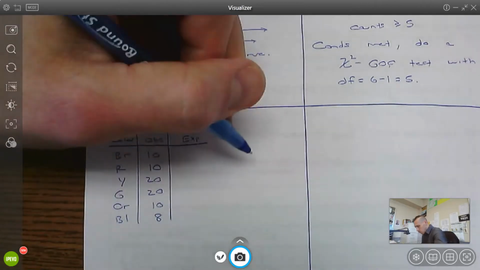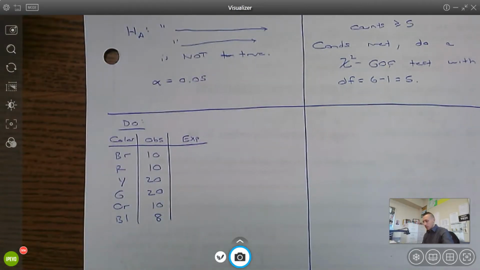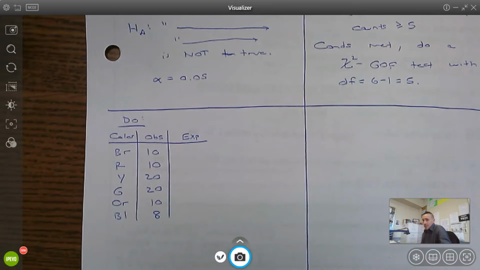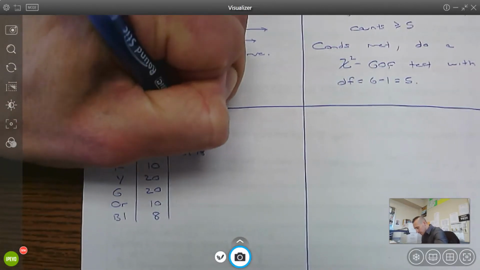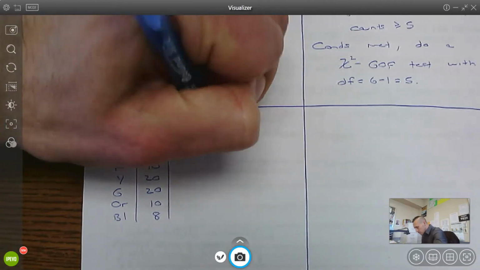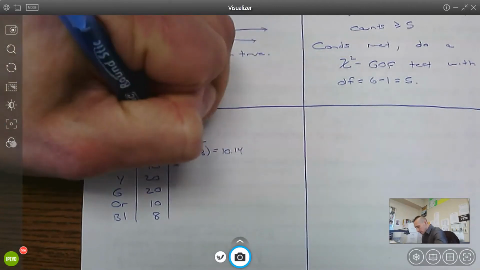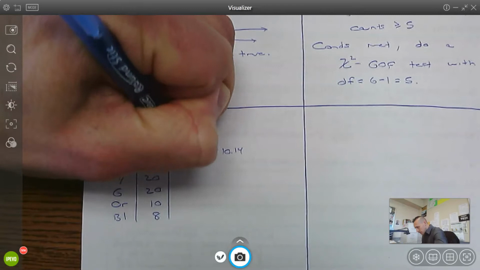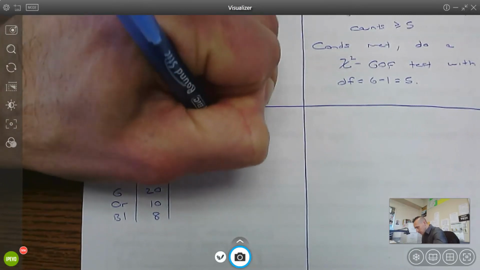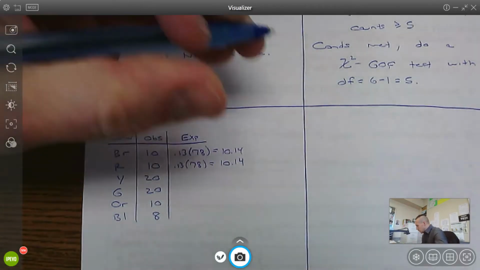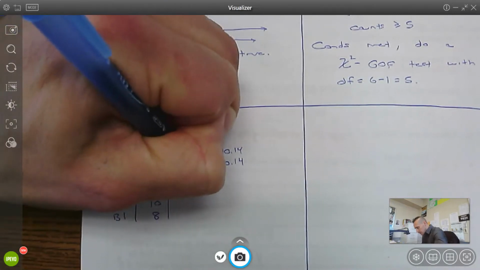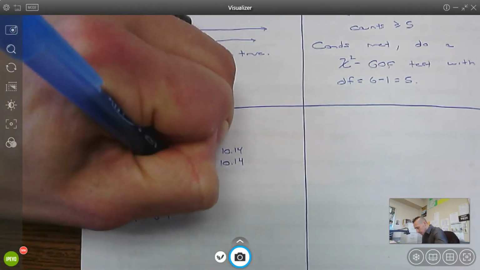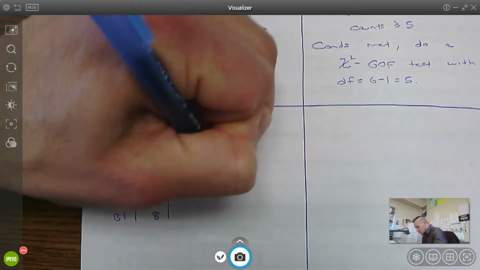Okay, what we would expect to have happen is based on the claim. So we'd expect 13% of the candies to be brown, which is 10.14. Same thing for red, it's 13%, 10.14. Yellow and green, we expect 14% for yellow, 16% was the claim for green.